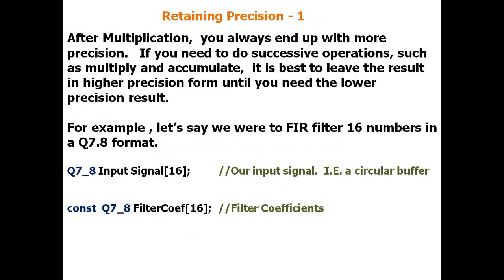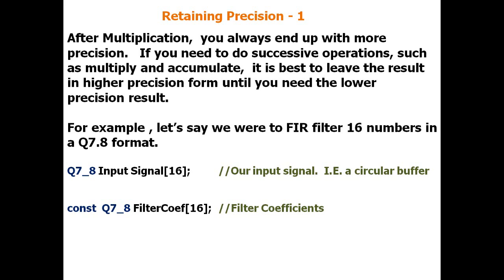This is a little bit higher or a little bit more in-depth topic, but I'll go over it quickly. Because after you do a multiply, you end up with more bits of precision, you got to decide what to do with those bits of precision. You can immediately rescale back to some other format and throw away those extra bits, or you could keep them.